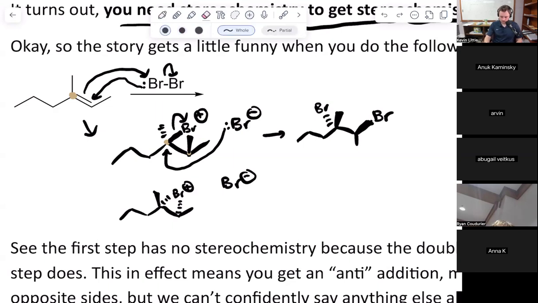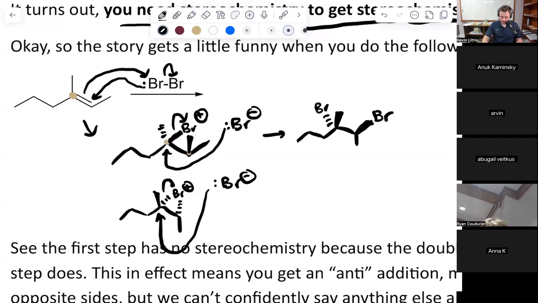I'm going to redraw it so it's easier. Again, this bromine adds into the backside.